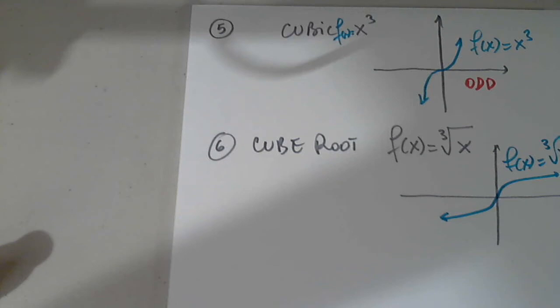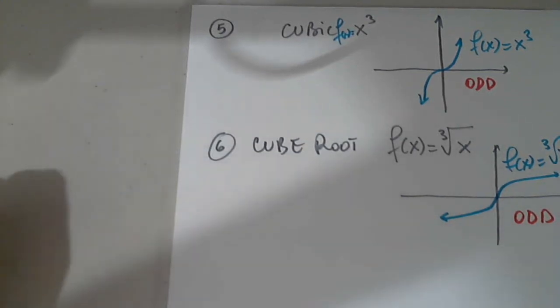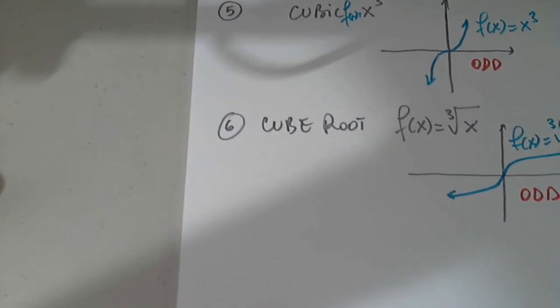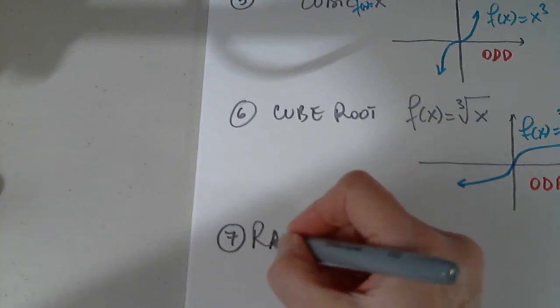Odd, even, or not symmetric. Very good, thank you. I'm going to add one more function, which is so far the most difficult one to deal with, which is rational.